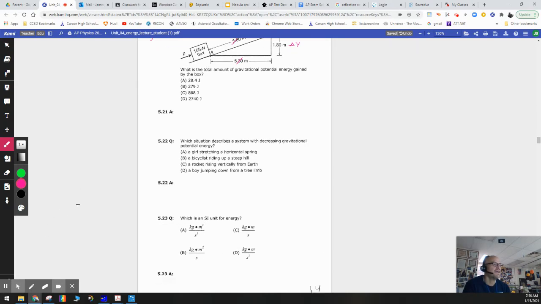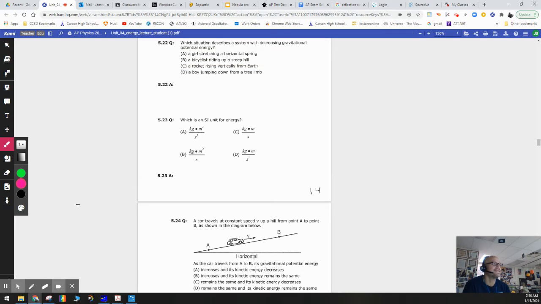Okay, all right. So 5.22. Which situation describes a system with decreasing gravitational potential energy? Take a look at the answers here and see which one. It could be more than one, but we'll see which one here.